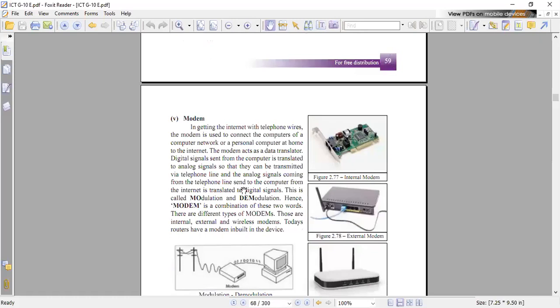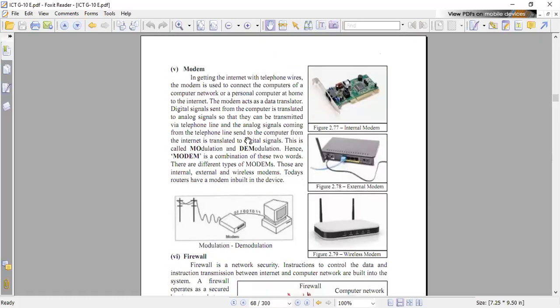Then write down the next one, modem. So I told you modem is used to convert analog to digital and vice versa. Write down that under that.